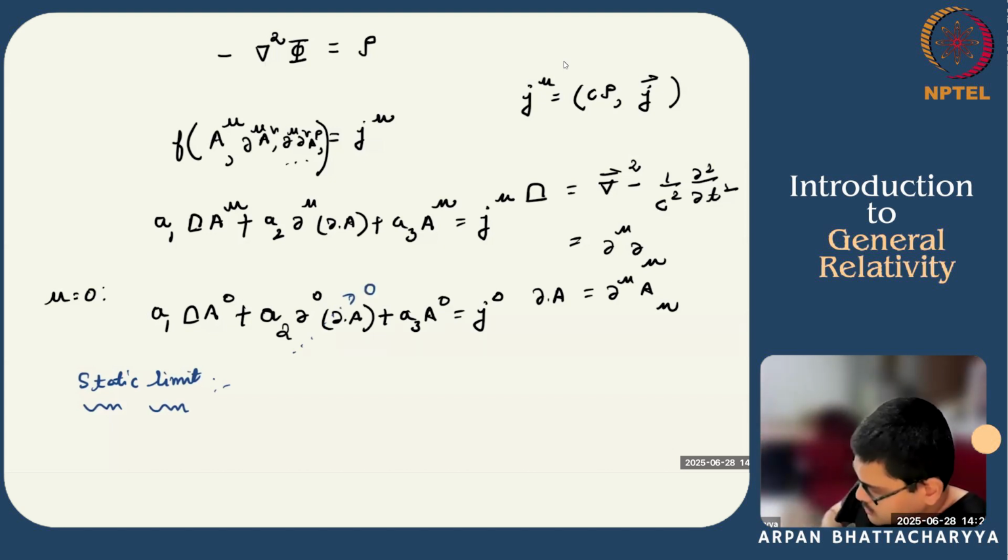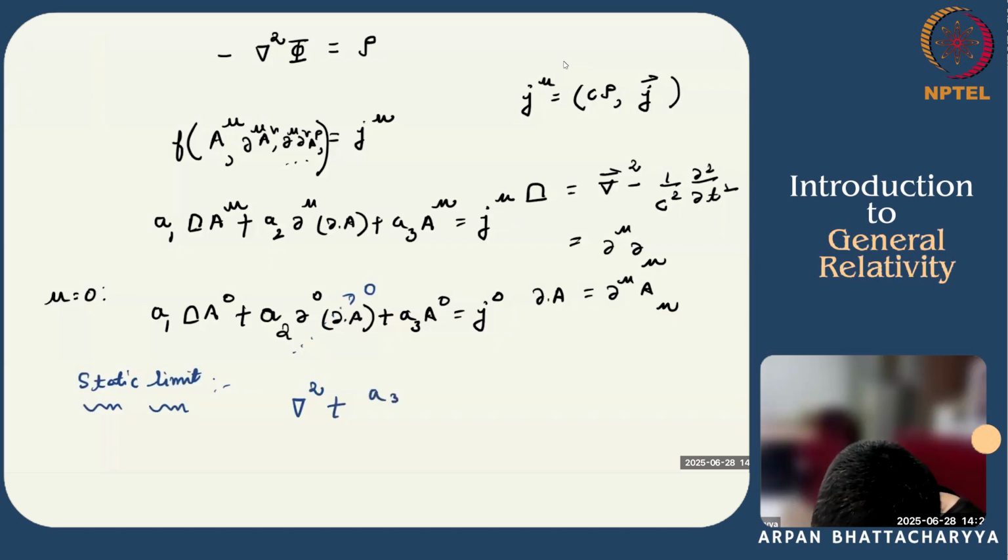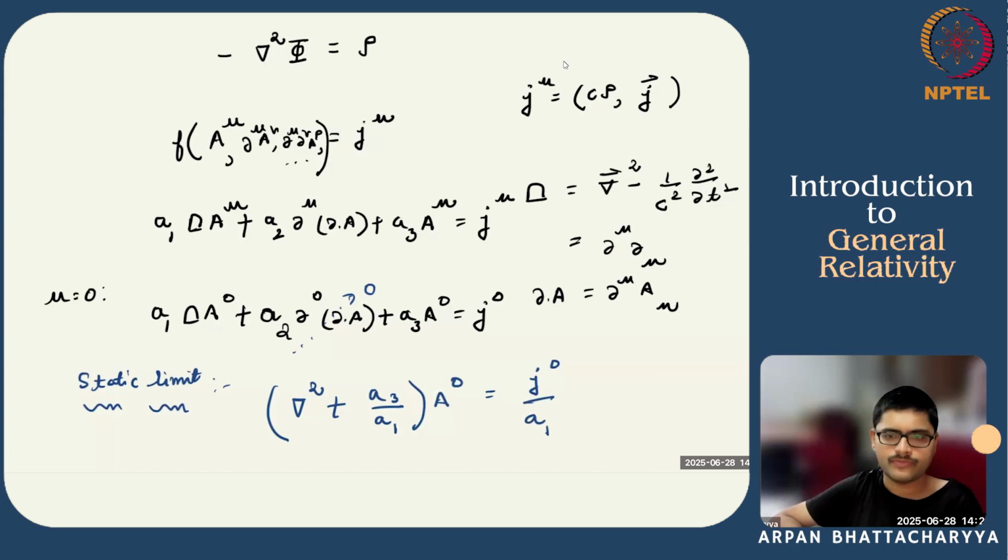Now we can rewrite this and get the following: a1 del square plus a3 A0 equals J0, and J0 is of course c times rho.